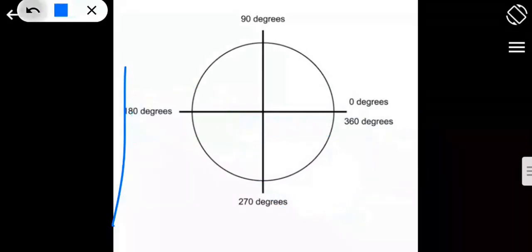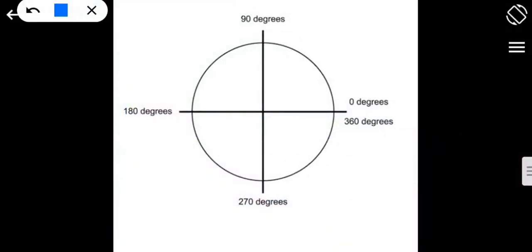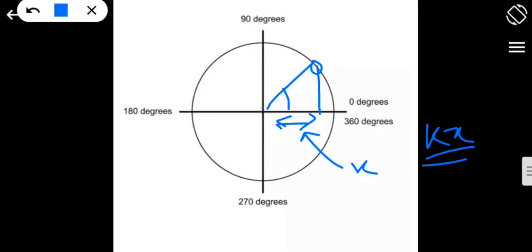Next, suppose the wave is here previously, the particle is here, the displacement is this one, and the distance traveled, suppose, is x. This angle, let's say, is kx.